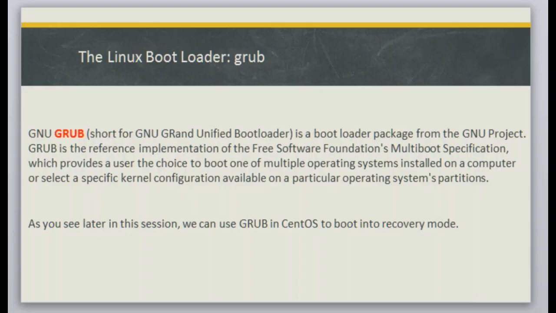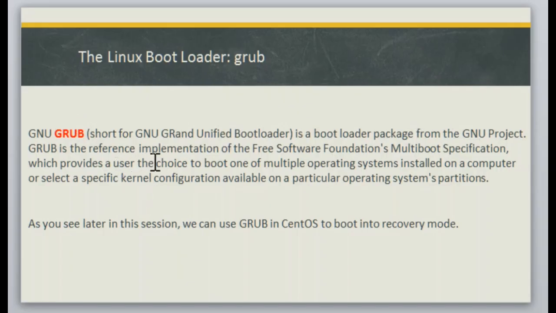Alright, so we're moving on here to the Linux bootloader, which is called Grub. So GNU Grub, which is short for GNU Grand Unified Bootloader, so GRUB, that's where Grub comes from, is a bootloader package from the GNU project.